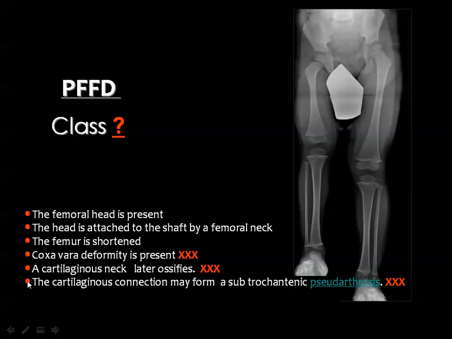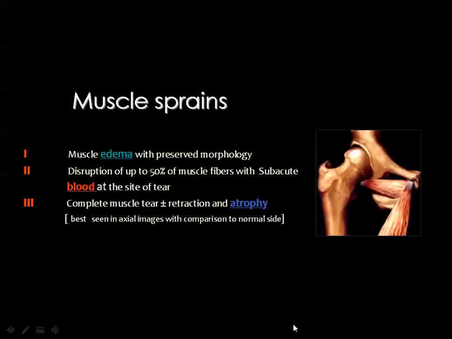No. And there is no pseudoarthrosis. Then the limb is short and the femur is almost normal. The acetabulum is almost normal. Then which class? This one you cannot fit with any of the previously mentioned classes. As I have mentioned, you only say what you see.